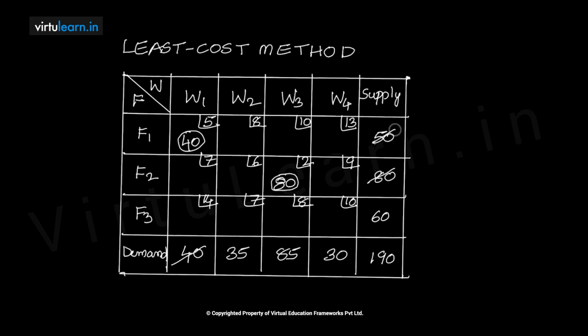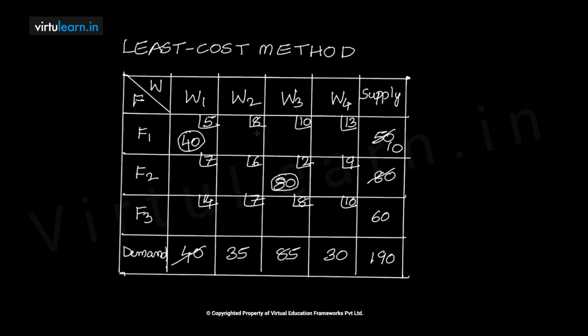Out of 50 units, 40 are allocated and 10 will remain. Because F2 is no longer available and the W1 column is satisfied, we cannot make allocation to F2 W1 or F3 W1.